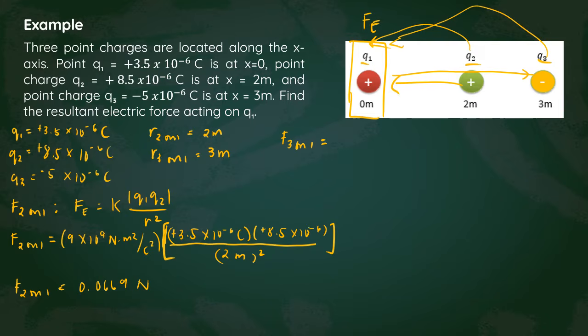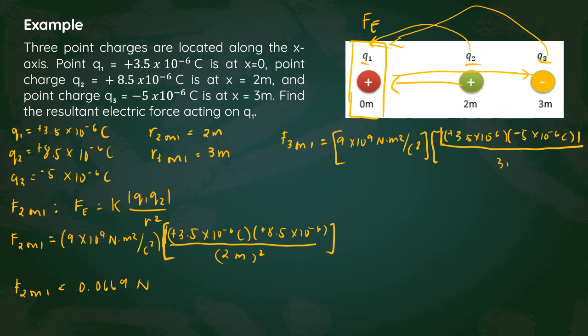We still follow Coulomb's law, so we have 9 times 10 raised to 9 Newton meter squared per Coulomb squared, multiplied by the product of the charges, so we still have positive 3.5 times 10 raised to negative 6, and the other charge is negative 5 times 10 raised to negative 6 coulombs over 3 meters, since the distance between particle 1 and 3 is 3 meters.